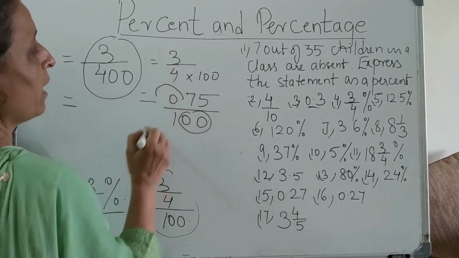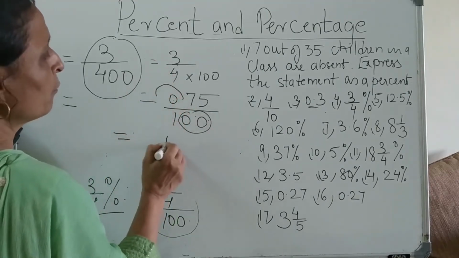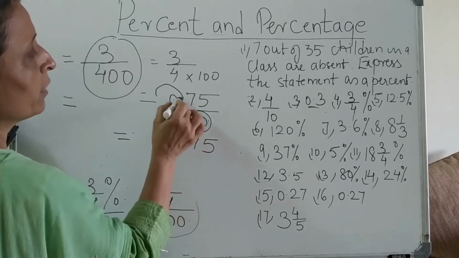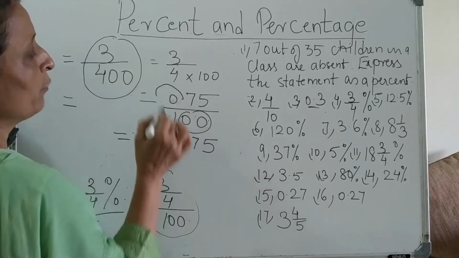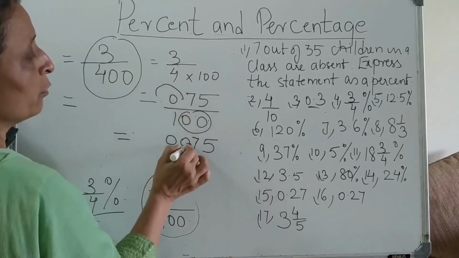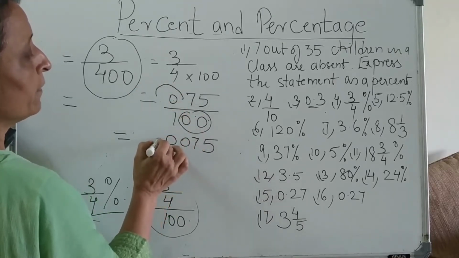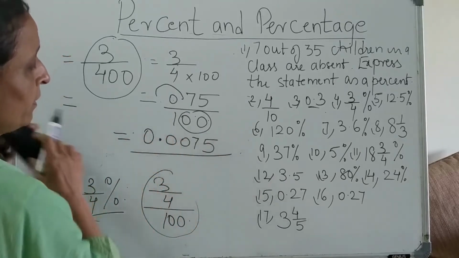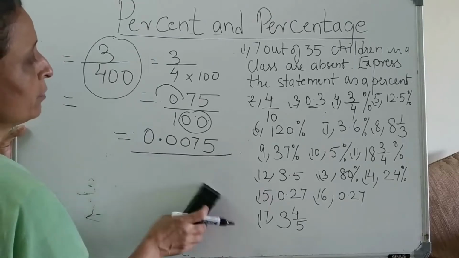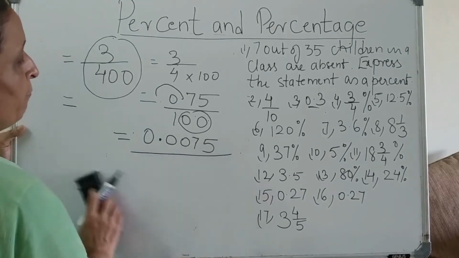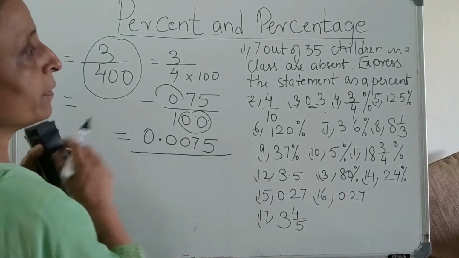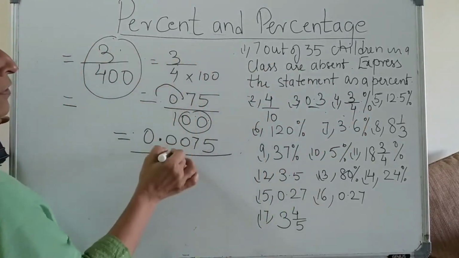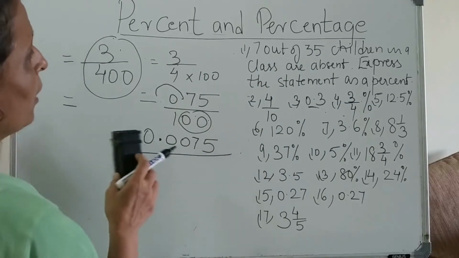This is 1 and you have to put one more 0. So here the point is here, it will move here. 2 zeros. So now you have got the answer in decimal, that is 0.0075. So this 3 by 4%, this is in fraction and this is in decimal.